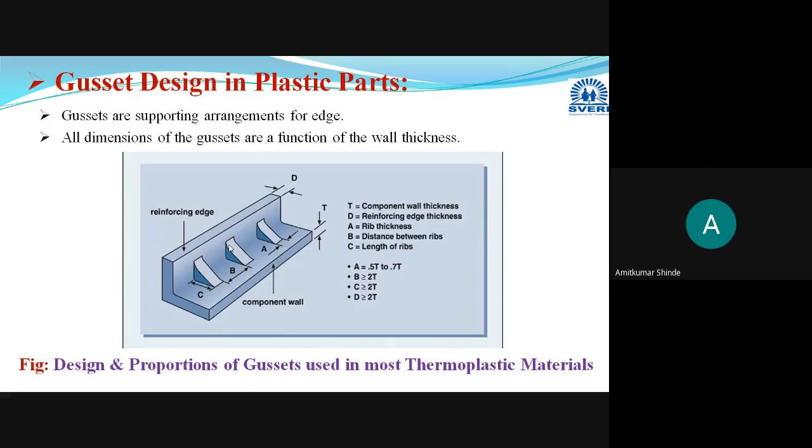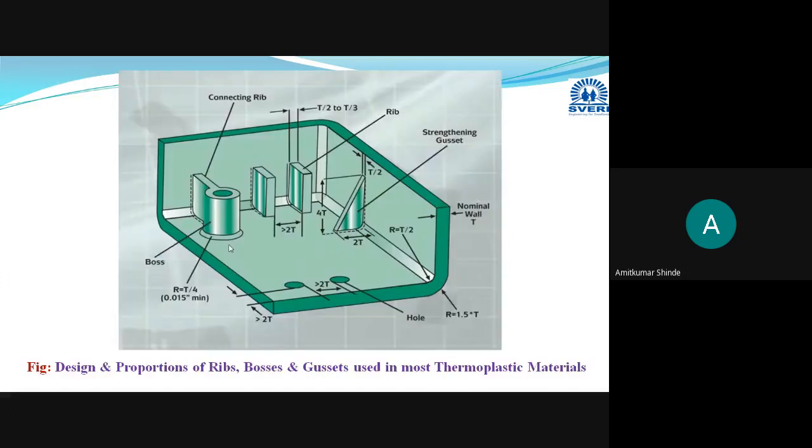So in this way we have discussed the design of ribs, bosses, then gussets. This is the common diagram showing the boss, the rib, and the gusset. Ribs and gussets are provided to increase the strength and rigidity.